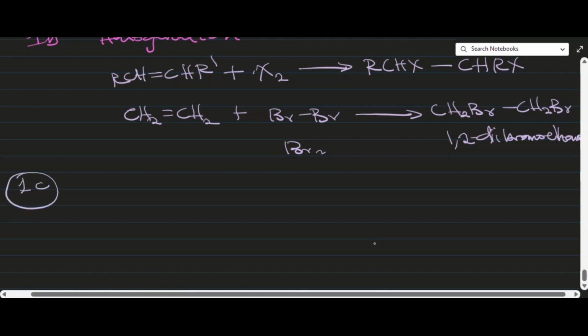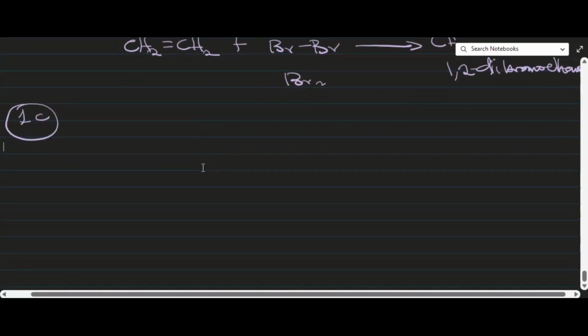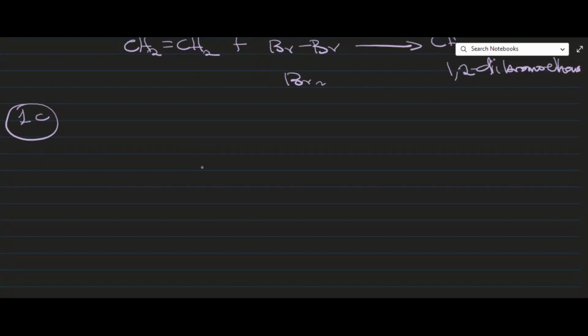hydrohalogenation, 1C. We are still talking about addition reaction. So hydrohalogenation. You should find this one easy at the same time too. This time around, instead of adding hydrogen, we are adding hydrogen halide to the molecule, to our alkene.